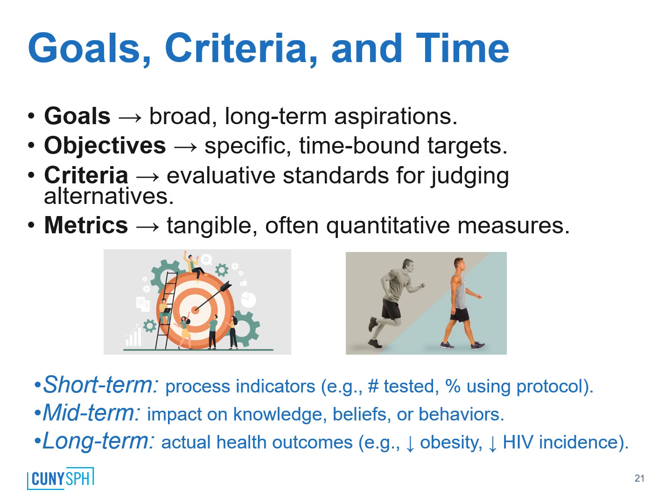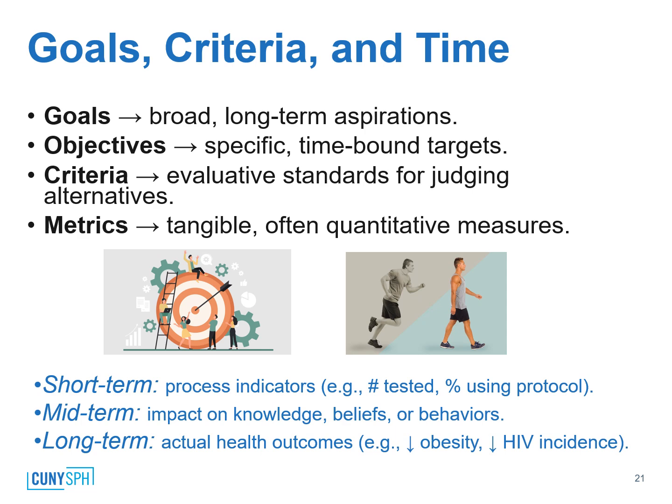We also have to align goals, criteria, and metrics with time. Goals, again, are broad, for example, reduce HIV incidence, whereas objectives are sharper: let's reduce new infections by 20% in 5 years. Criteria give us standards to judge whether we're making progress, and metrics make them measurable.